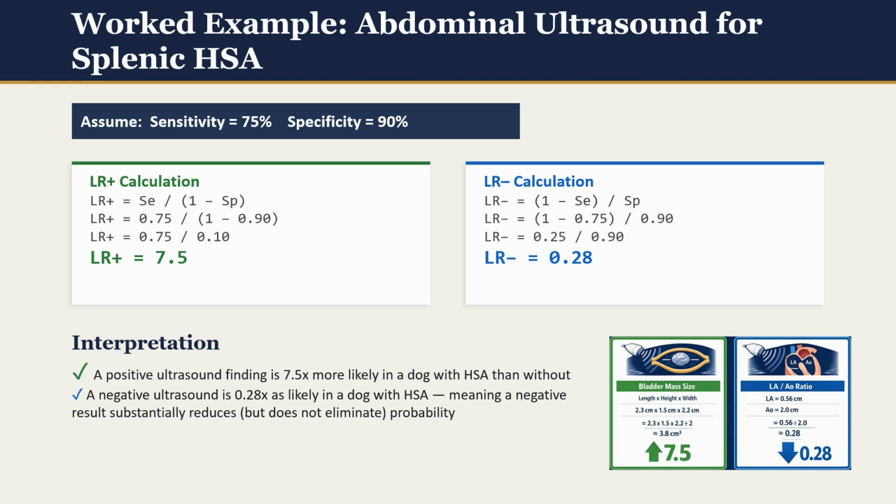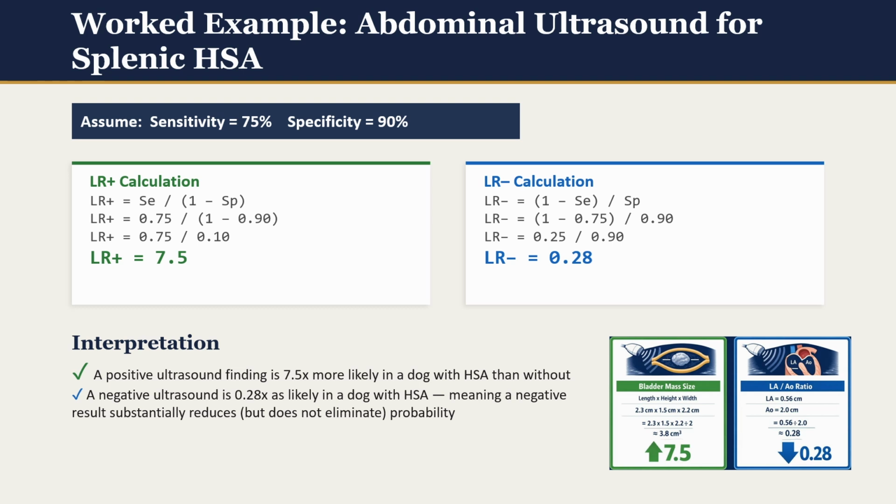LR minus of 0.28 means a negative ultrasound is only 0.28 times as likely in a dog with a hemangiosarcoma as in a dog without it. Equivalently, a negative ultrasound is about 3.6 times more likely in a truly unaffected dog.